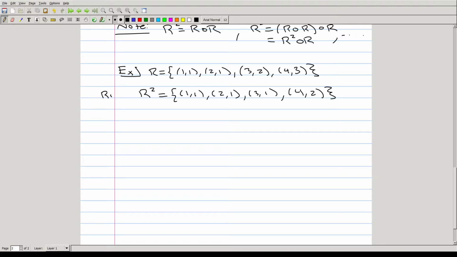R squared is just R composed with itself, because (1,1) is in R, and (1,1) is in R, therefore (1,1) is in the final relation.